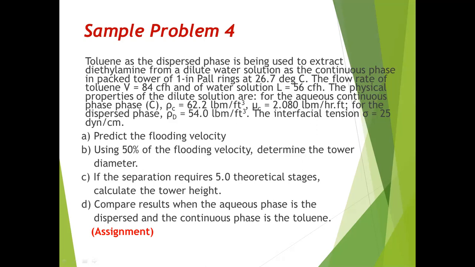So for this problem, you are asked to predict the flooding velocity, and using 50% of that flooding velocity, determine the tower diameter. And if our tower should have 5 theoretical stages, what would be the corresponding tower height?